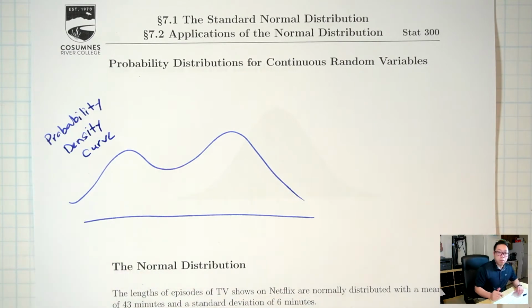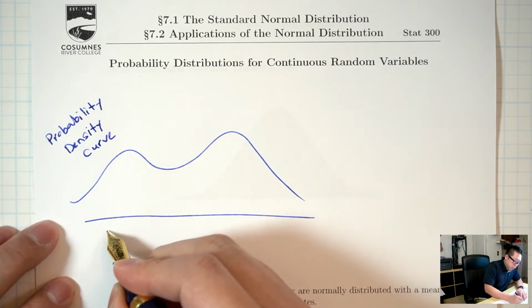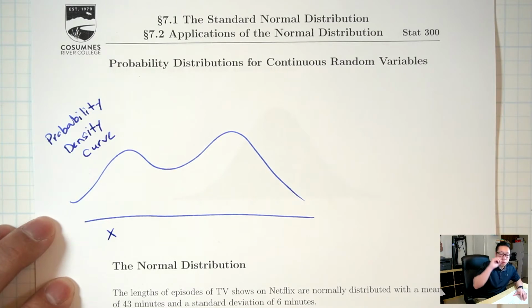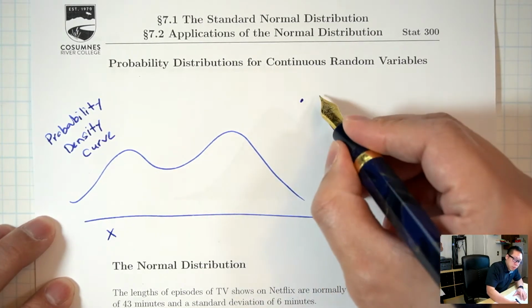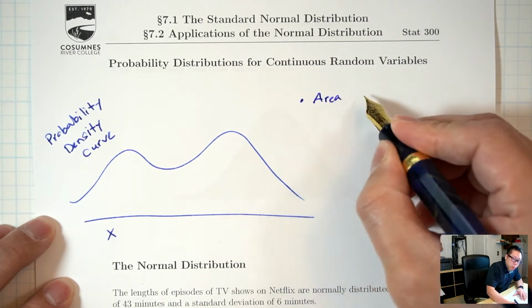Along the x-axis are all the possible values of your x. And then the way probabilities work is the area under the curve represents the probability.